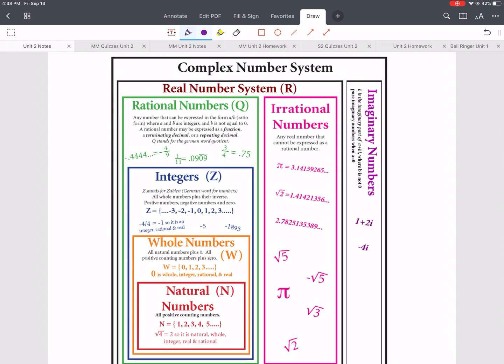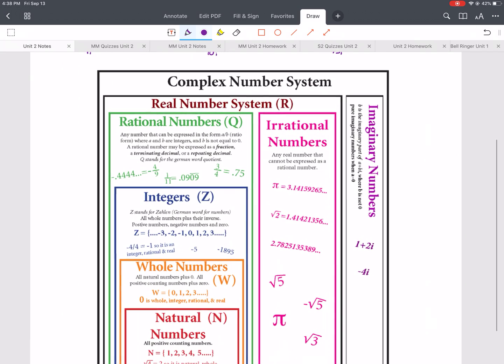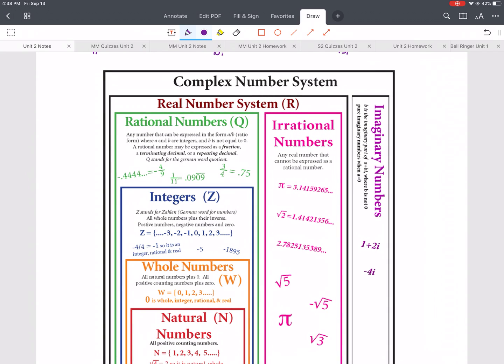So here's a go over of everything we've done. The complex number system has all of this in there. You'll go from complex to real, and then real to rational or irrational, and then you'll follow down until you can't get any further.